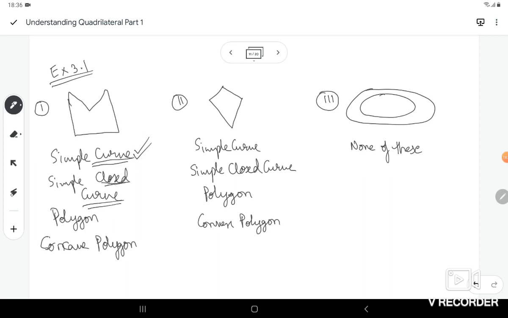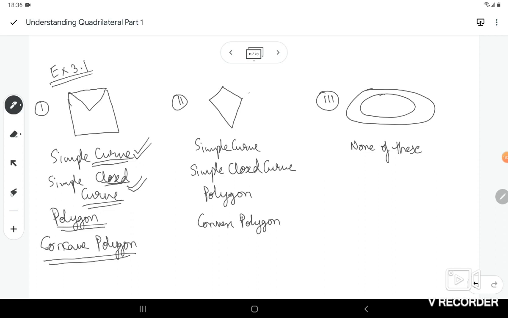It's made up of only line segments, so it's a polygon also. Moreover, there is an external diagonal, so it's an example of a concave polygon.